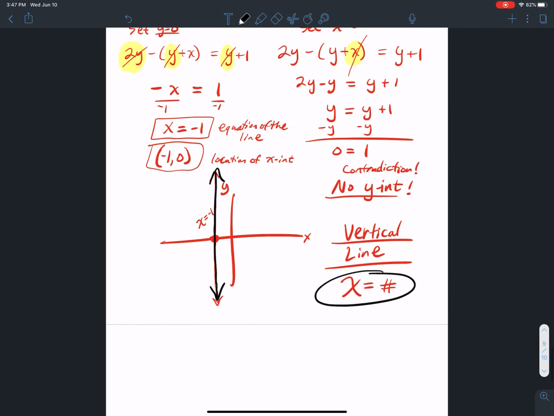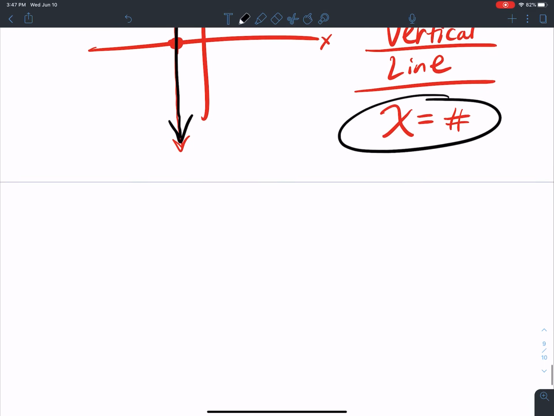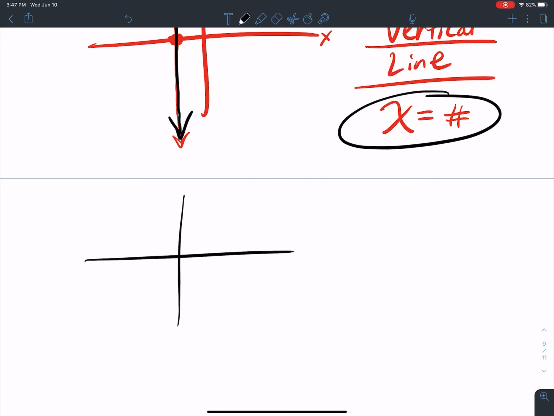Okay? One other oddball scenario: say you graphed it, and the x-intercept was (0, 0), and the y-intercept then would be (0, 0). So that means you have 1 point here.